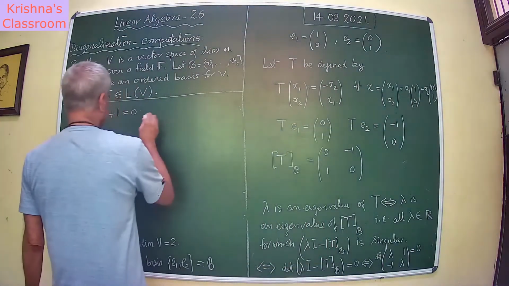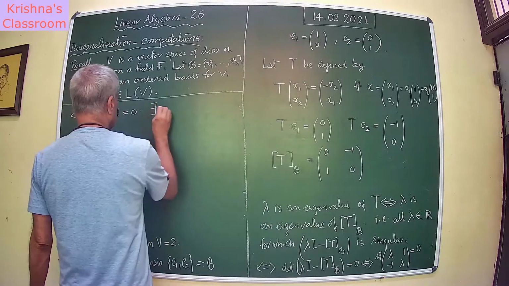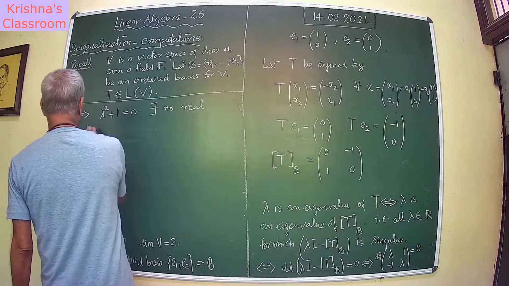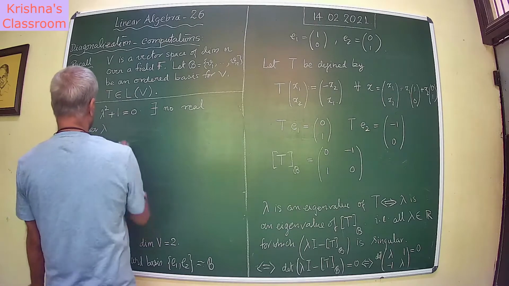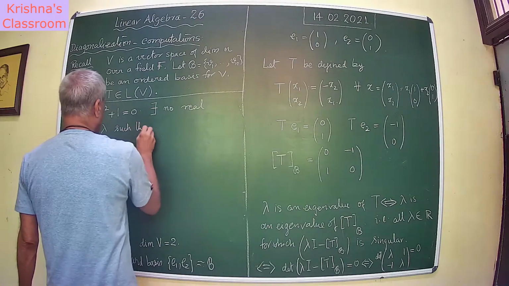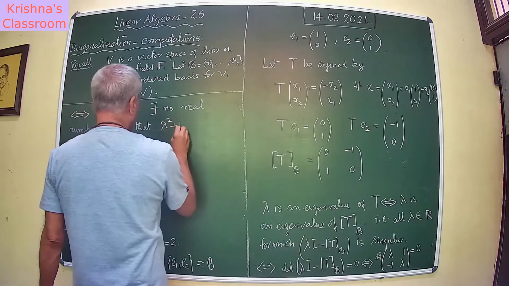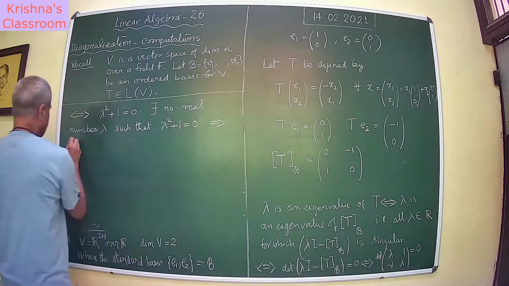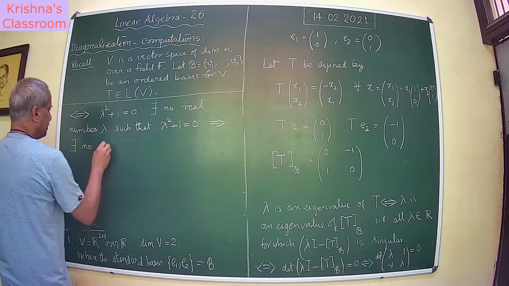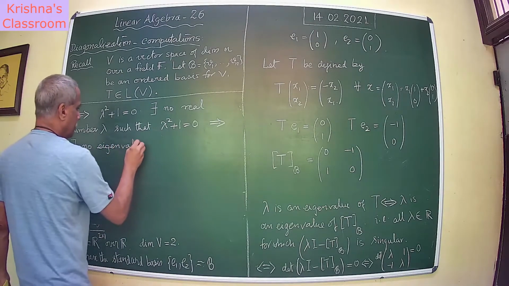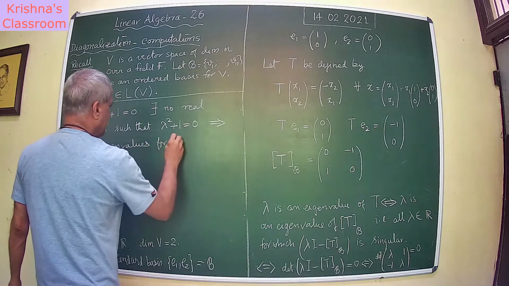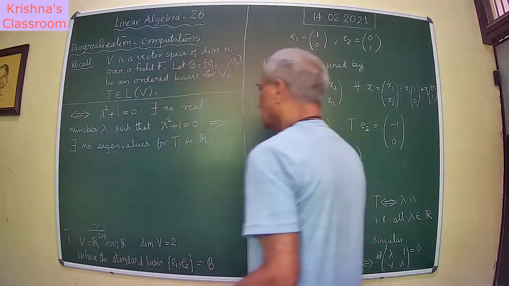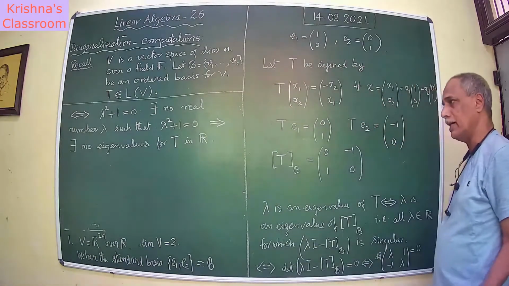And there exists no real number satisfying this, which implies there exist no eigenvalues for T. So clearly if there are no eigenvalues, there are no eigenvectors.